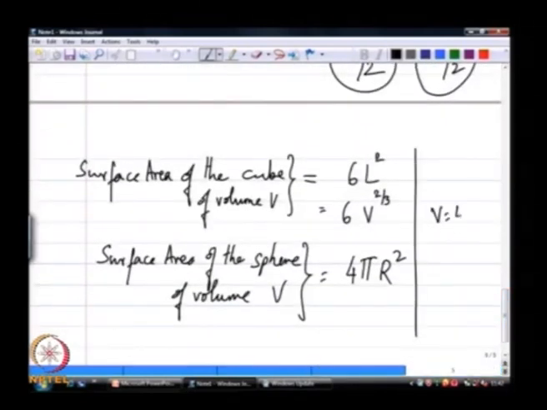What I know is that V itself is 4 over 3 pi r cubed.